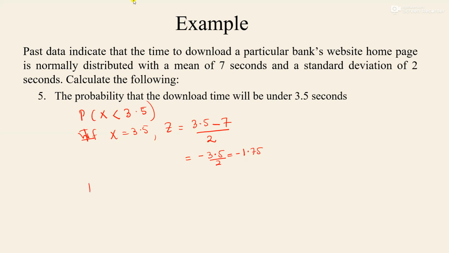The probability of x less than 3.5 equals probability of z less than minus 1.75.